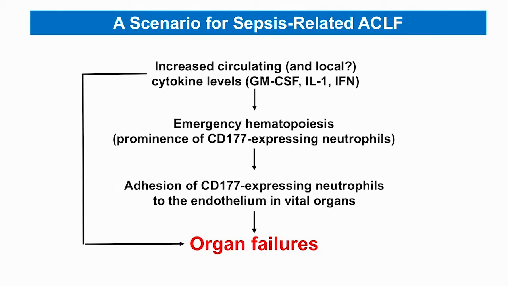And these CD177 expressing neutrophils go into the organs at the level of the endothelium and can cause tissue damage. But also please note that there are, of course, other mechanisms for organ failure caused by cytokines, which, for example, can activate endothelium, and can stimulate the tissue infiltration by other immune cells. But in my view, the neutrophils are playing a central role in all these alterations.